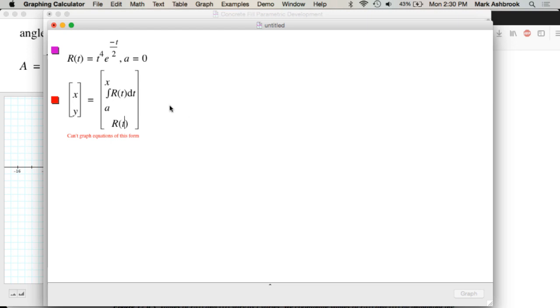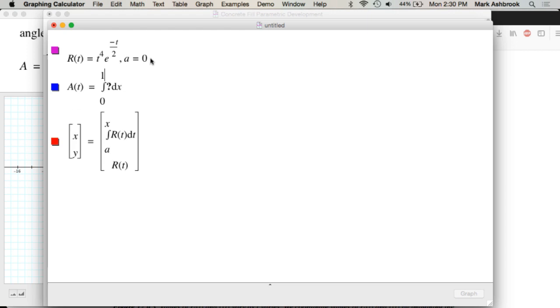So let's actually define that integral function outside. So we'll say a. It might not like the integral inside there. So let's do this. I just copied and pasted this.